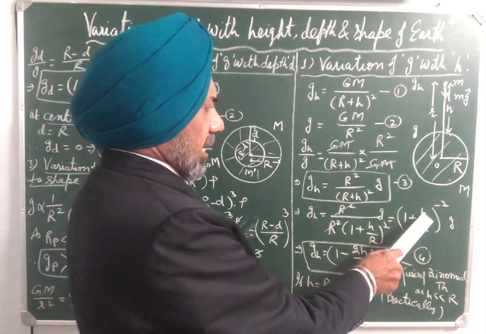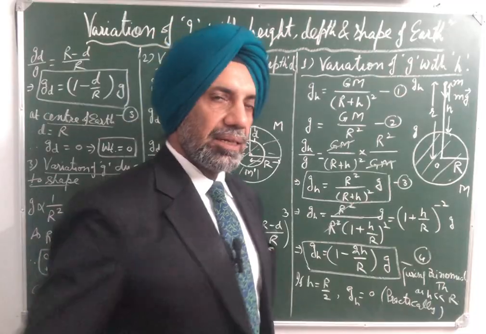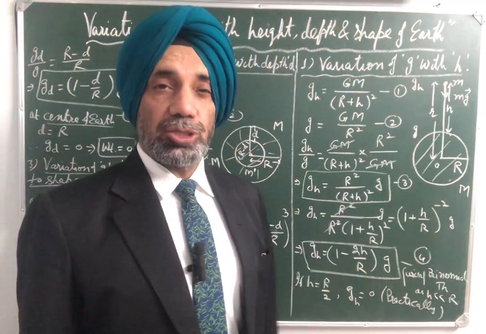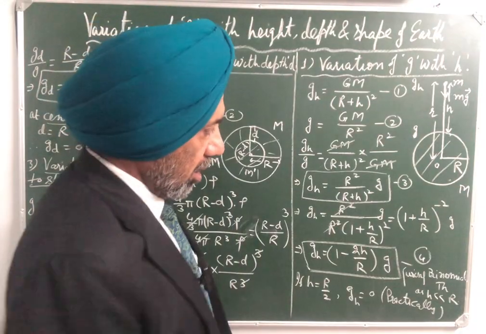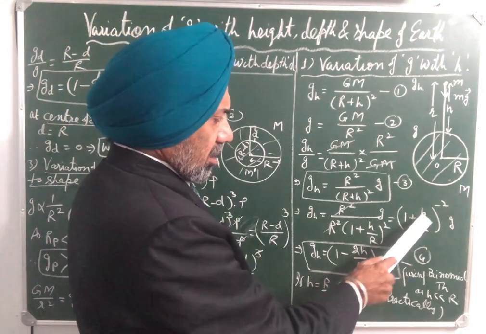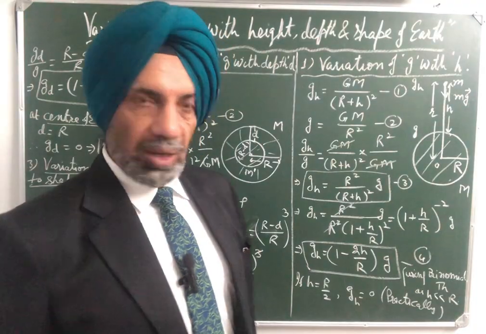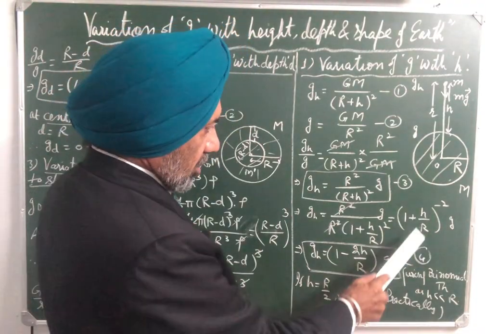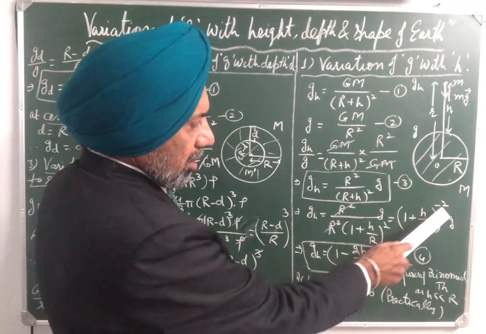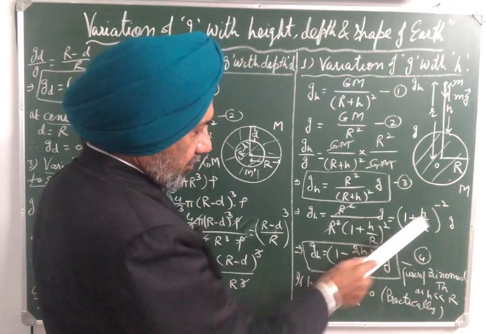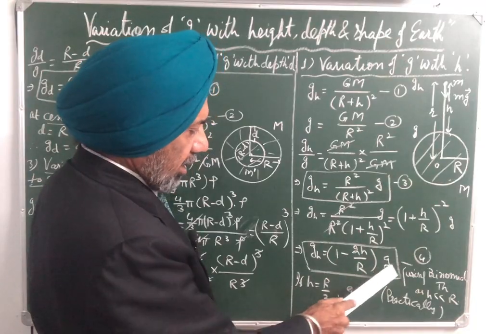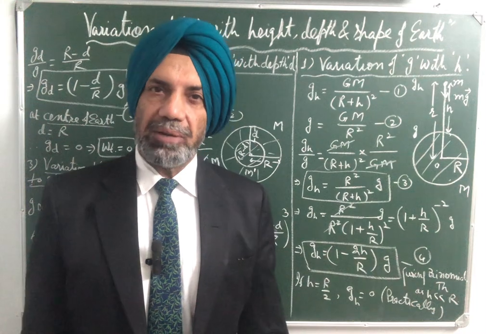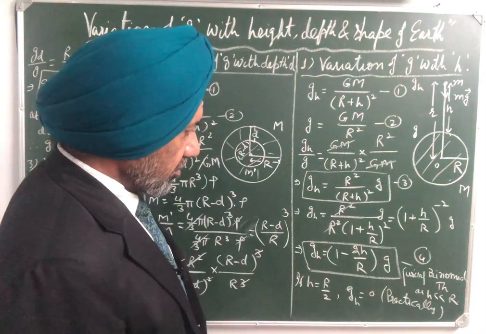Since height h is much less than R, a few kilometers, while the radius of earth is 6400 kilometer, by using binomial theorem, (1 plus x) to the power n is equal to 1 plus nx, we will have gh is equal to (1 minus 2h upon R) into g. This is the approximate equation for acceleration due to gravity at height h.